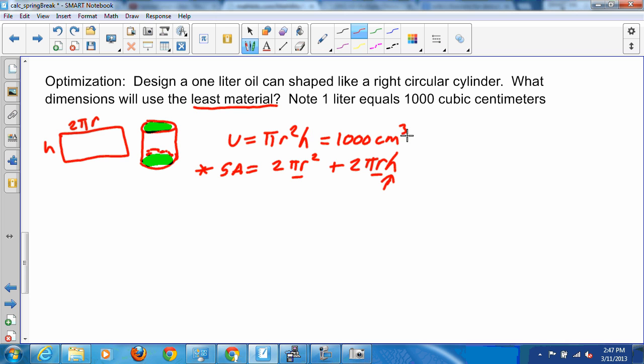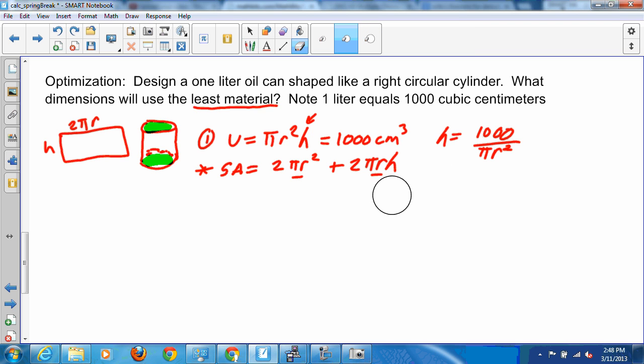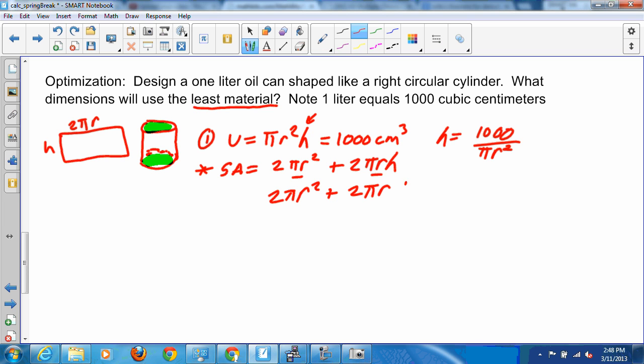If you go back to this first equation for volume and solve for h, h is equal to 1,000 over pi r squared. So all we need to do is substitute: two pi r, over 1,000 over pi r squared.